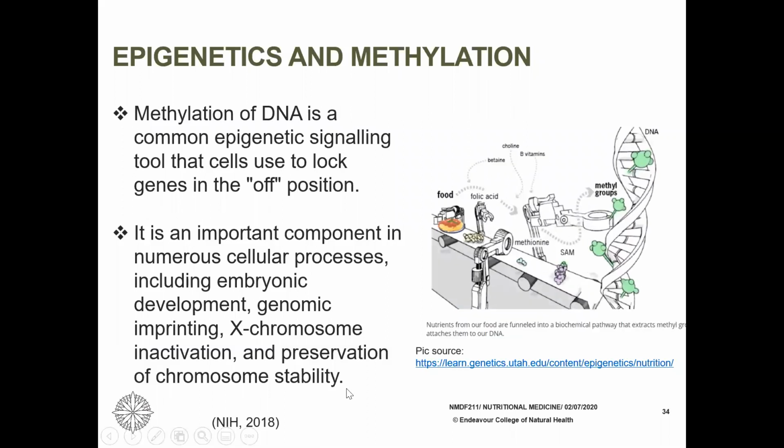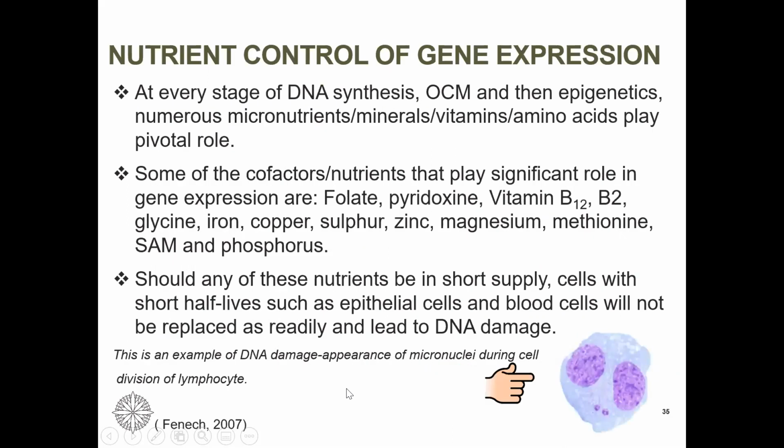How, we'll know soon. At every stage of DNA synthesis, one carbon metabolism, and the epigenetic pathway, all these nutrients are playing a major role. And some of the cofactors are listed here for you to remember.